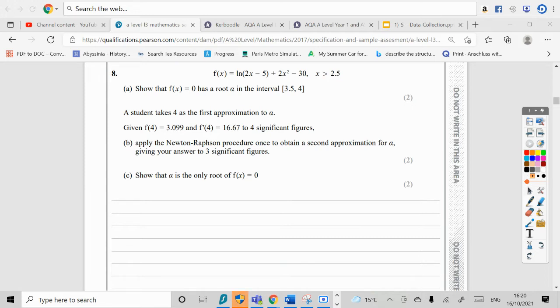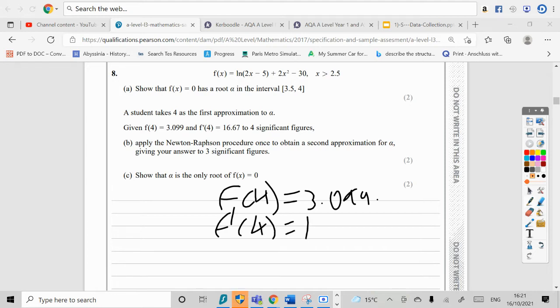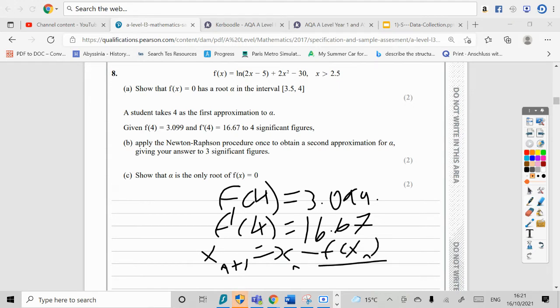So if we had f of 4, which was 3.099, and f prime of 4 is 16.67, which are given in the question, then x n plus 1, the formula from the formula booklet, is xn take away f of xn all over f prime of xn. We are recommending as a school that you basically learn that one, because you'll be using it a lot.